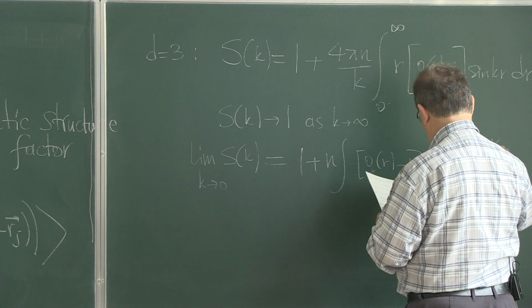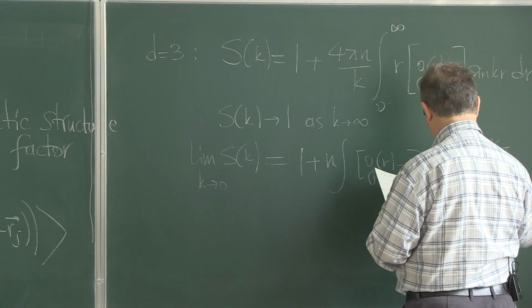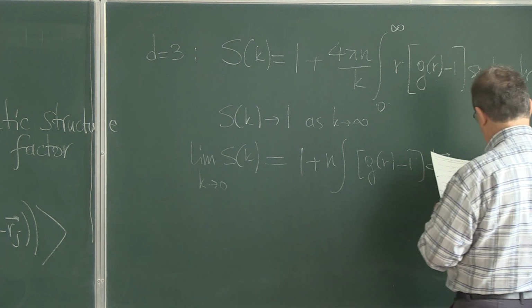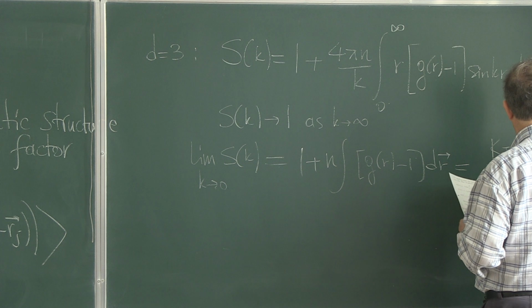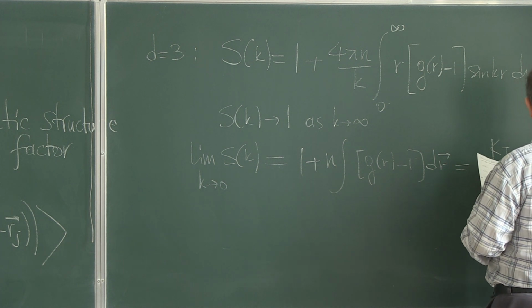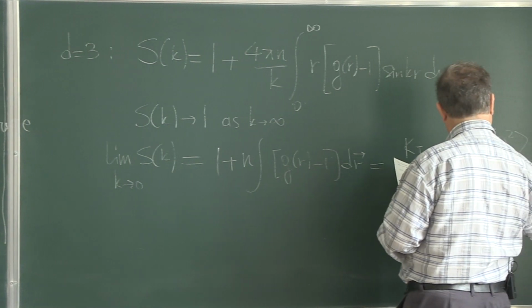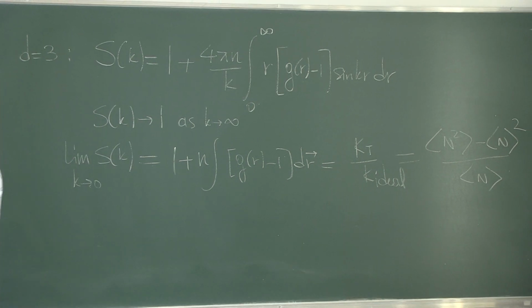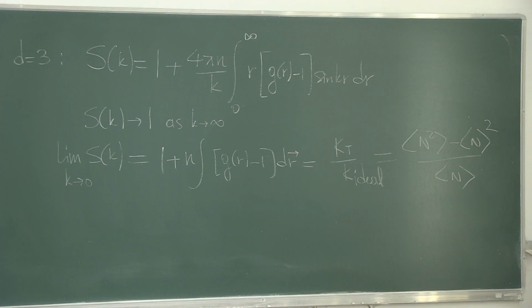This is kappa over kappa ideal, and that is equal to n squared over n. This is the equilibrium limit of the fluctuation dissipation theorem. Fluctuations are related to S of k.